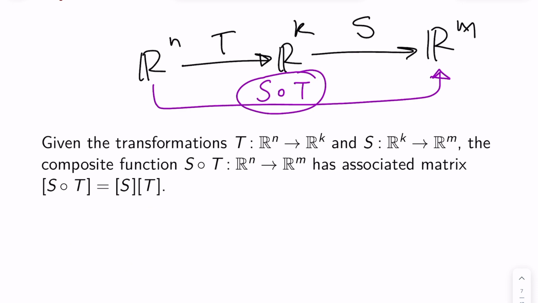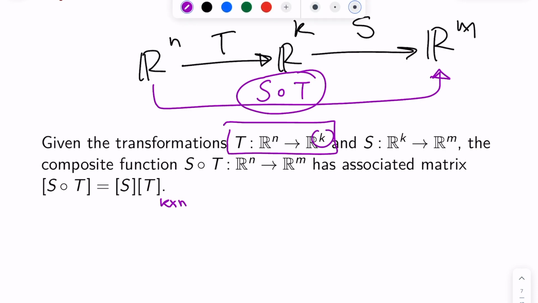So for instance, just looking individually, let's check the dimensions of these matrices. So if this is this transformation, the matrix T should be K times N. I mean K rows, right?